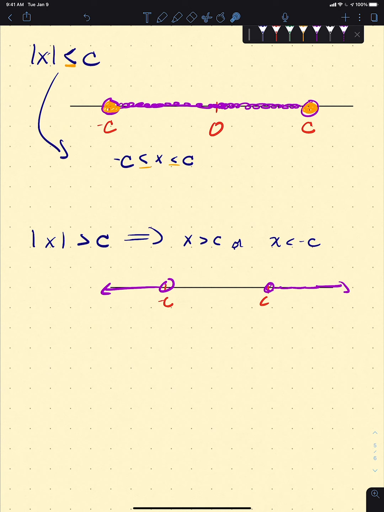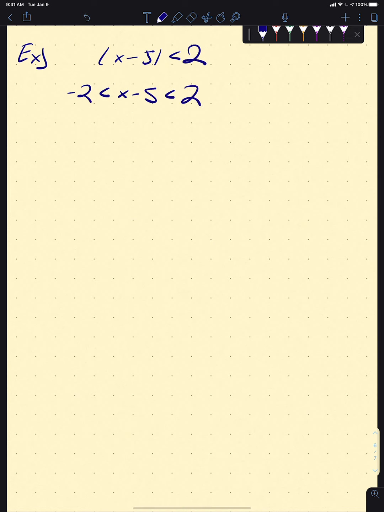But we can use these ideas to solve similar problems. As I said, this absolute value encodes the idea of these nested inequalities, so we can solve something like the absolute value of x minus 5 is less than 2. Using what we saw before, this would tell us that negative 2 is less than x minus 5, which is less than 2.